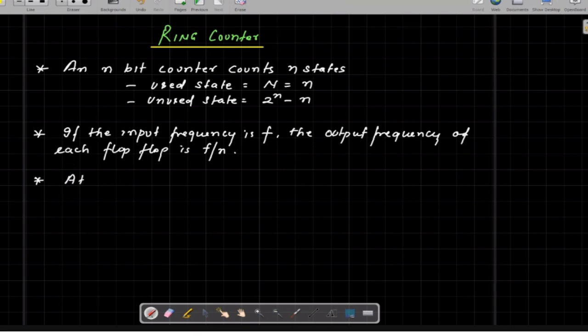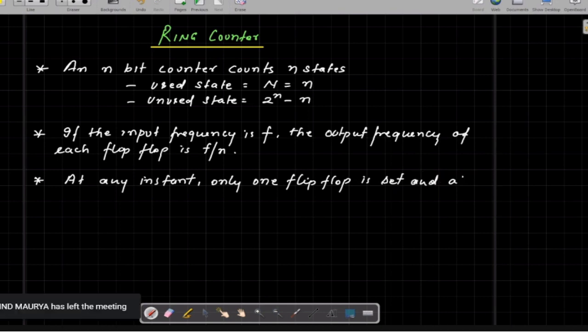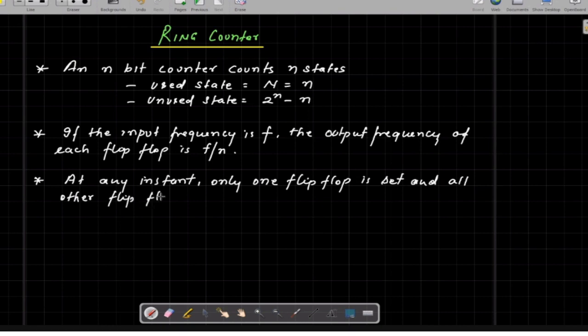And at any instant only one flip-flop is set, and all the other flip-flops are cleared.